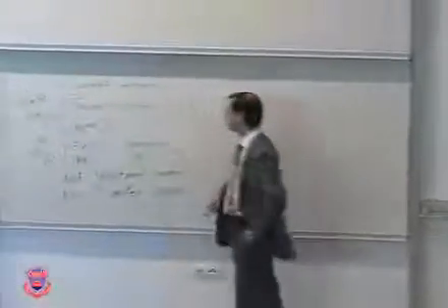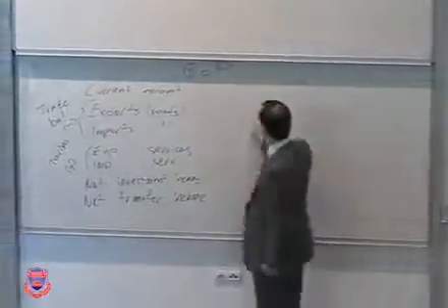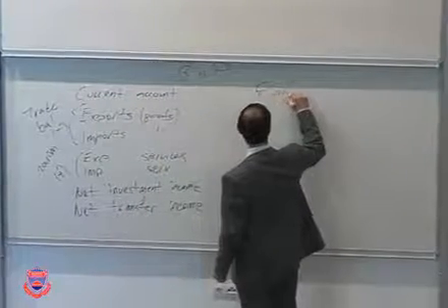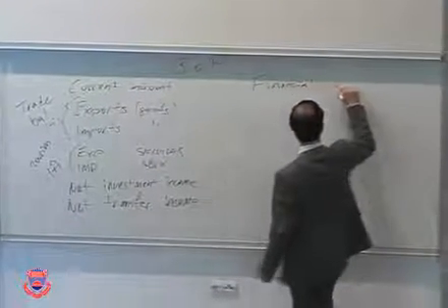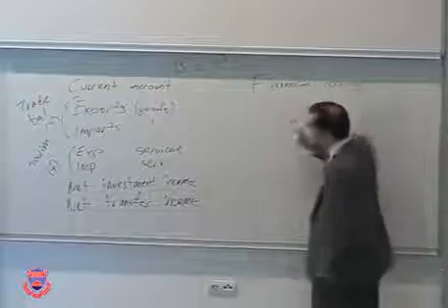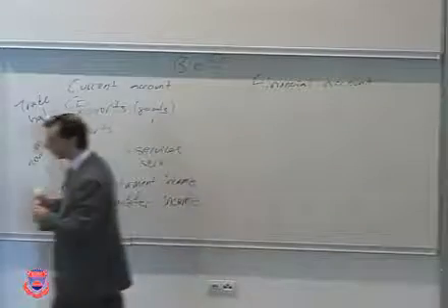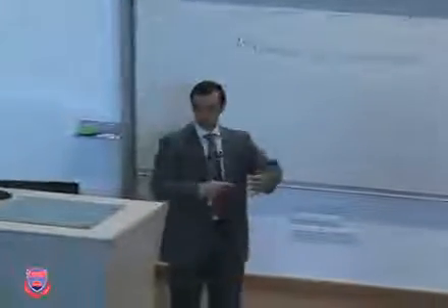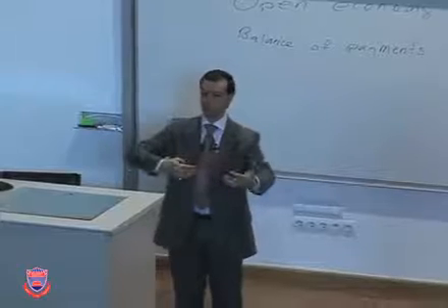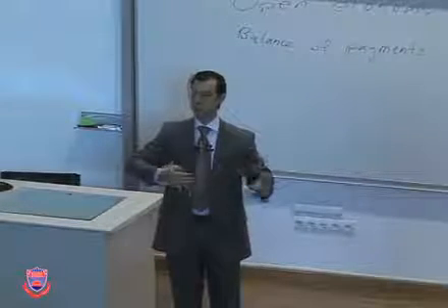So let's talk about the other side of this. The other side is a financial account. That's the part that says, look, I've been recording these transactions in goods and services.